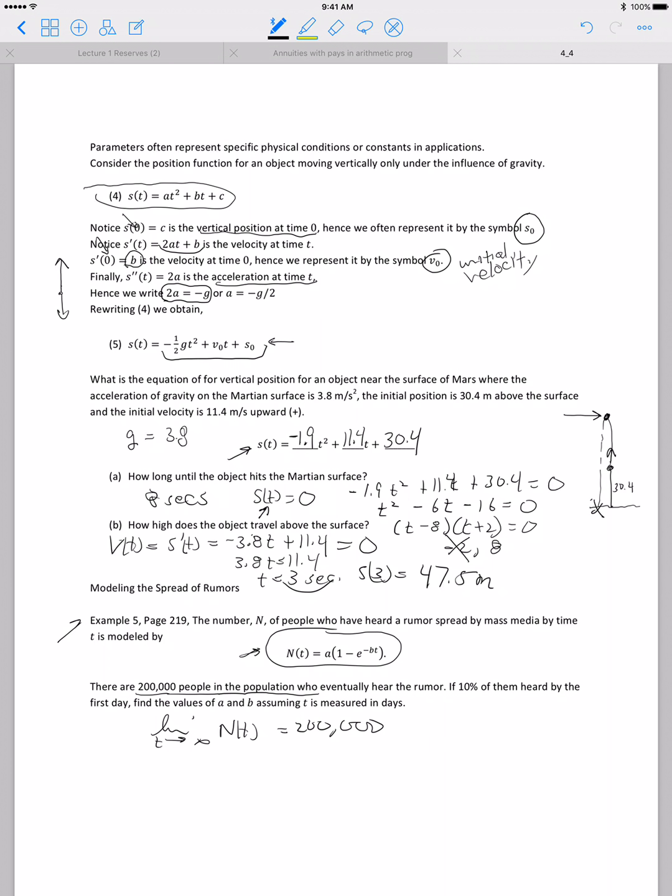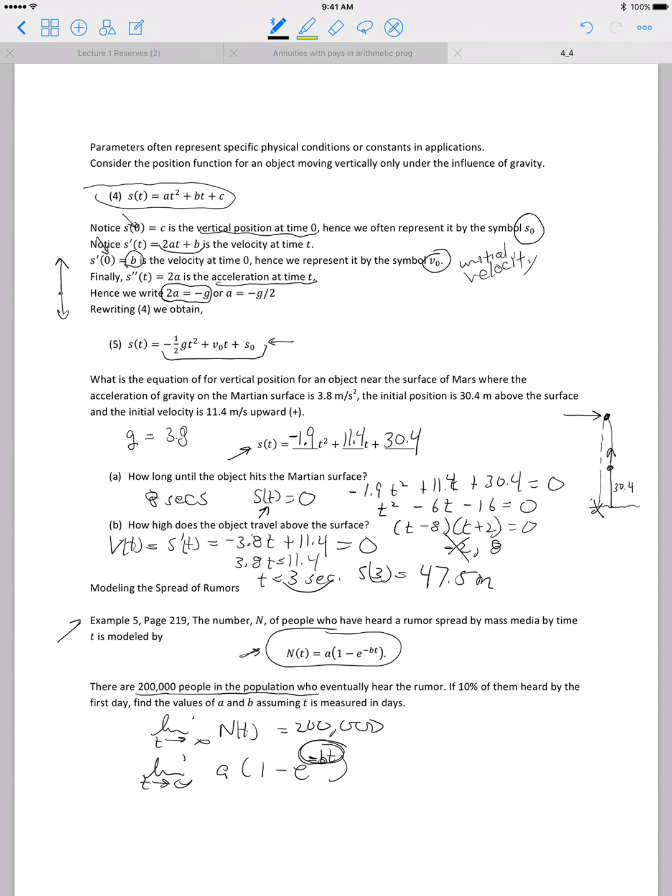So what I can do is now take the limit as t goes to infinity of my expression, a times 1 minus e to the minus bt. Now this power up here is negative because I have a negative in front of the b. So as time goes to positive infinity, the power goes to negative infinity.